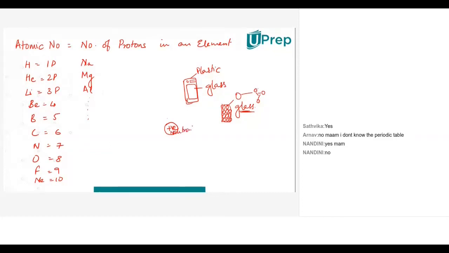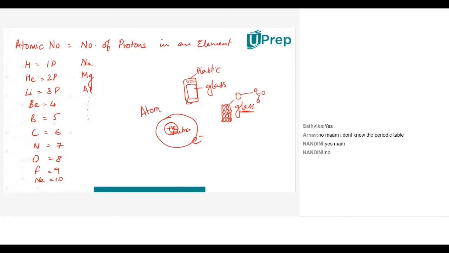Okay, so inside the nucleus you have neutrons and protons both, and surrounding the nucleus you have electrons. These electrons revolve around the nucleus just like the planets revolve around the sun, and this is the structure of an atom.